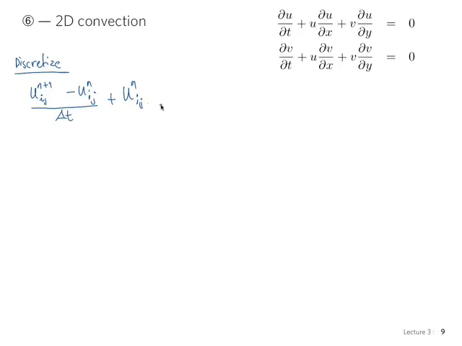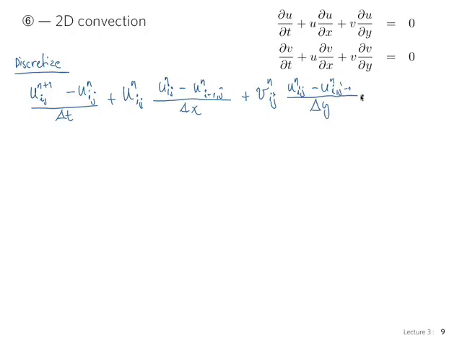So here we have u^n_ij minus u^n, and x, so we're only changing the first index, i minus 1 comma j, divided by delta x, plus v^n_ij, and it's still u in the derivative, u^n_ij, but we change the second index now, ij minus 1, divided by delta y.